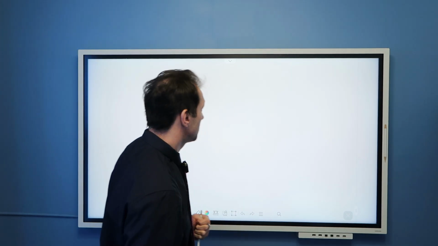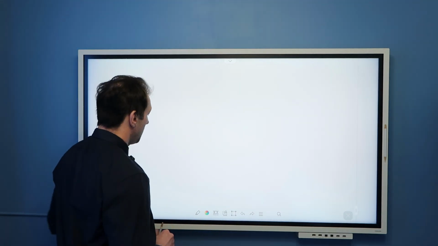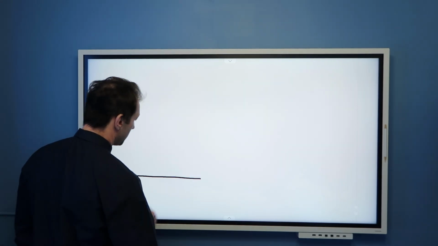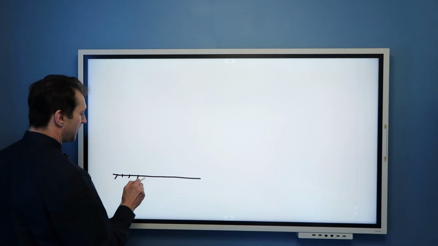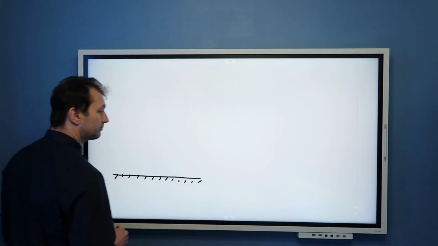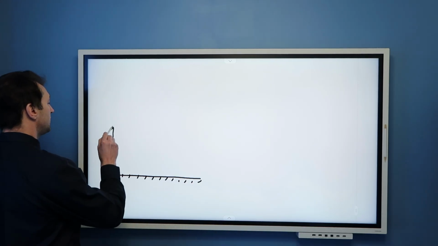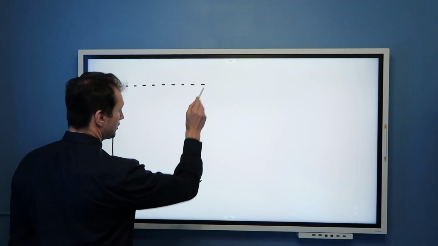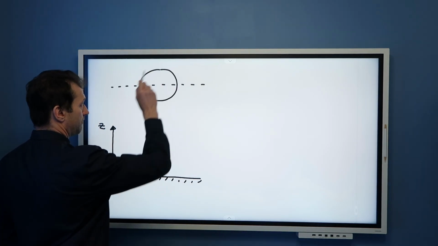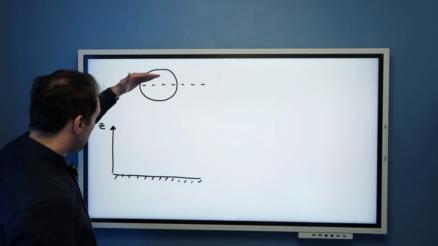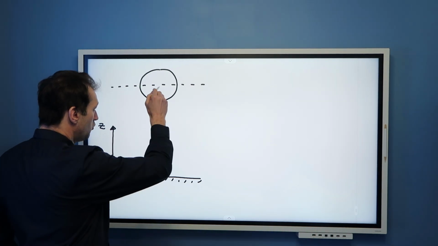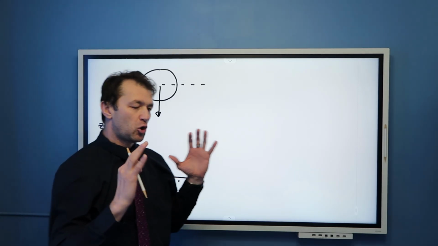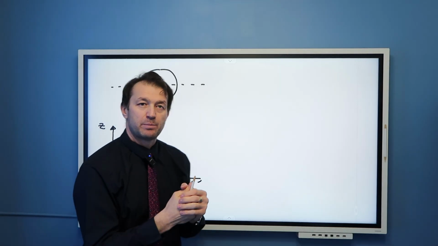Why do we use potential temperature? Well, for the following reason. You remember from my previous video, we had Earth's surface, and here is the height, z, and let's say we have a parcel of air over here. And we studied how this parcel of air, if moved down towards the Earth, will compress and increase its temperature.